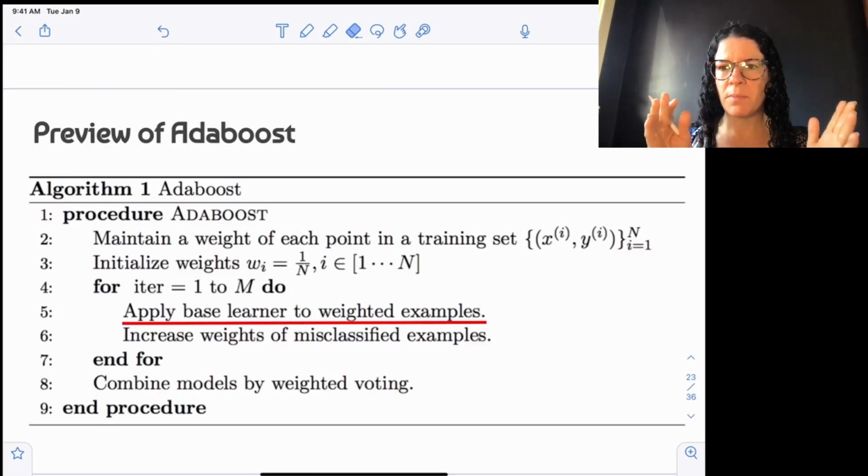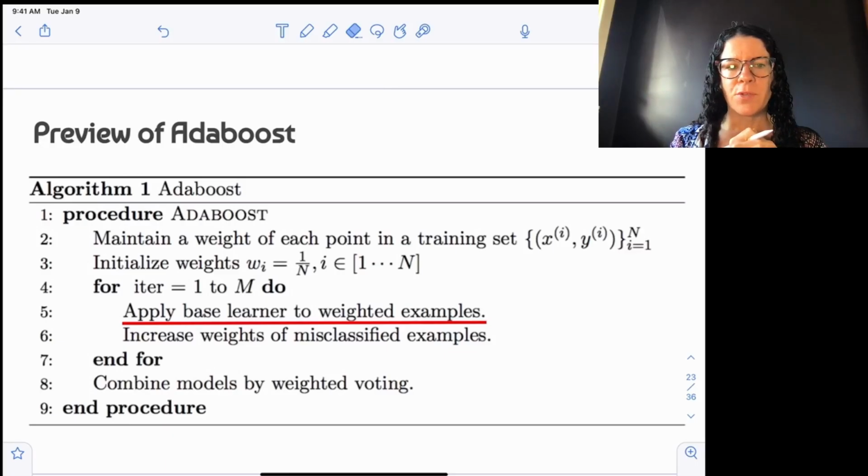Then we apply one of these base learners, for example a decision stump or a small decision tree, to these weighted examples. After we do that, we increase the weight of misclassified examples.